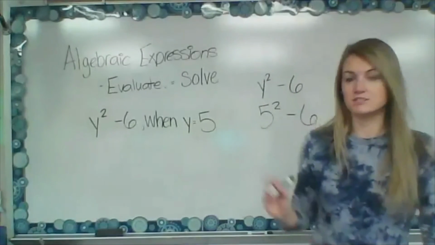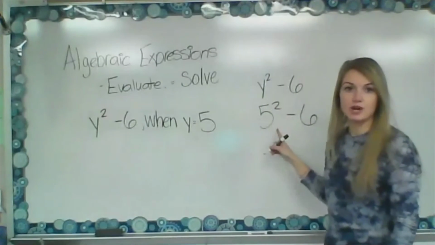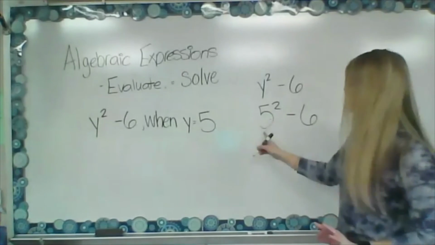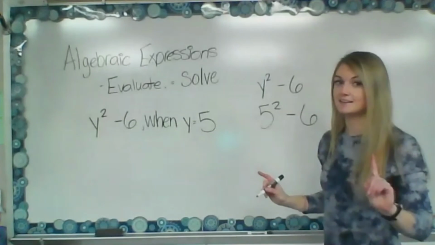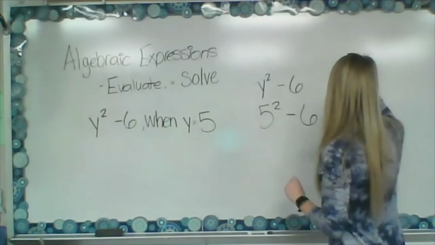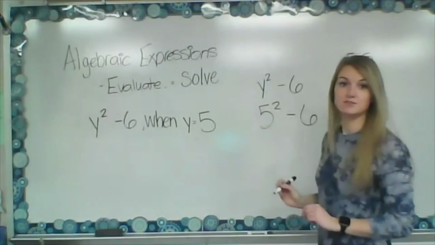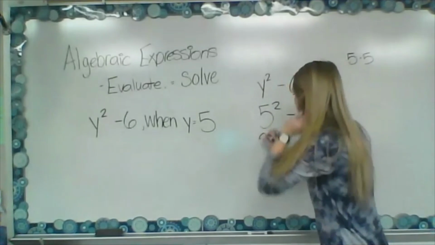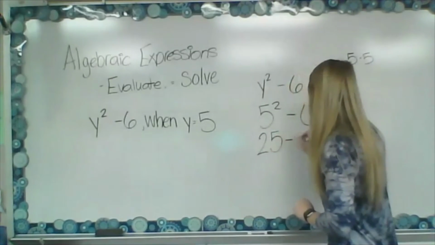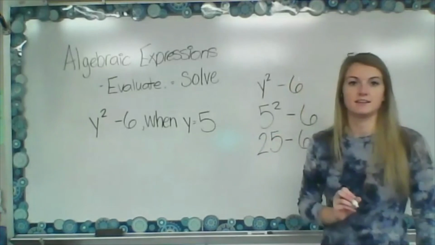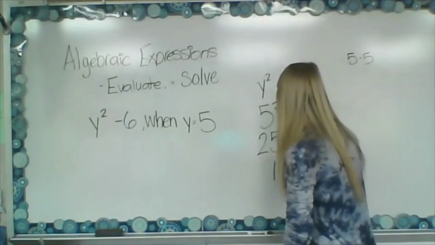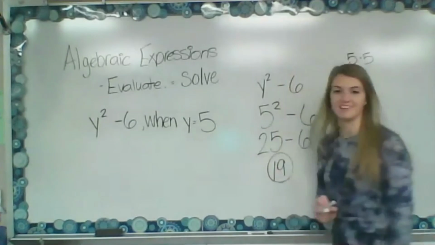Order of operations, we have an exponent and a subtraction. So what are we going to do? Exponent first. 5 squared is not 10. 5 squared is 5 times 5, right? 25. So I'm going to put 25 minus 6. 25 minus 6, do the math over here, really is 19.